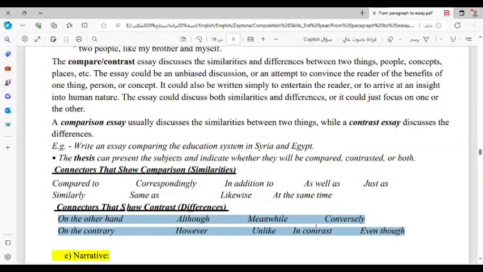You can say the teachers' salary are low, for example, full stop. Conversely, comma, salaries of, for example, teachers in private institutions are higher.